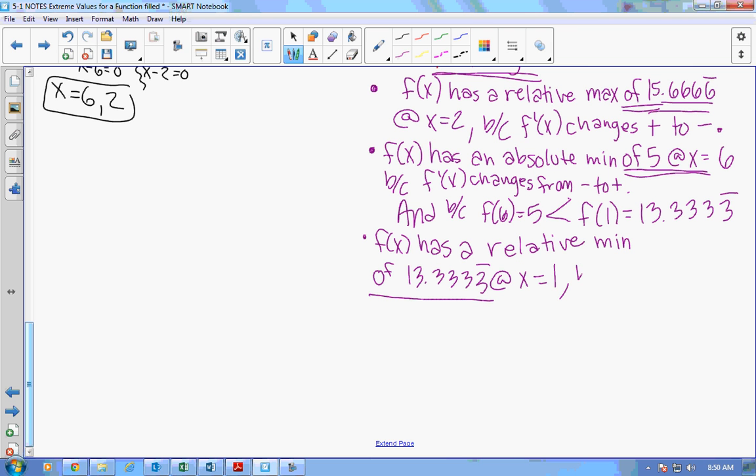And we know this because, does it change from negative to positive? No, it's an endpoint. We don't have anything on the left-hand side. So we'd say because f prime of x is positive after the endpoint.